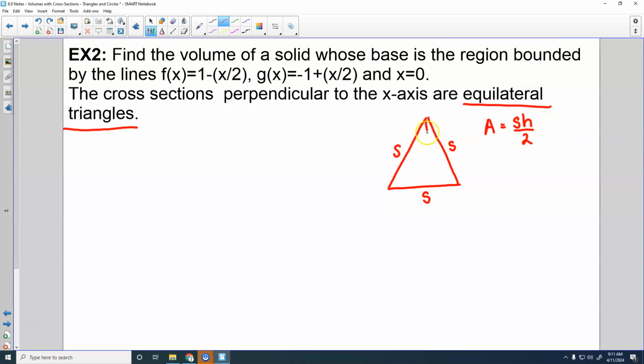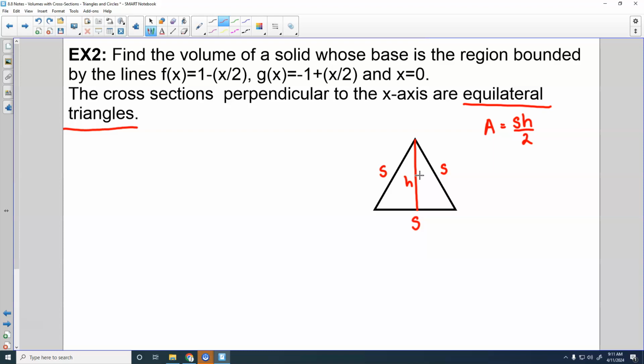Now, here's the problem. Is that height equal to the S here? It is not. Let me make my picture a little better so this makes more sense. Let me use the actual equilateral triangle here. So this is S, this is S, this is S. This right here is our H.